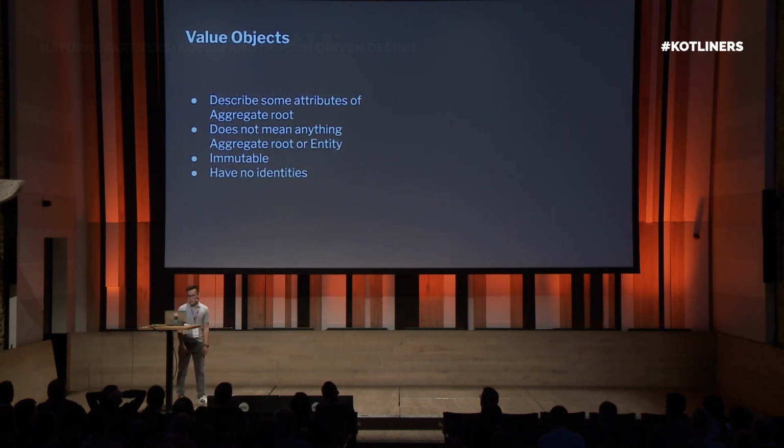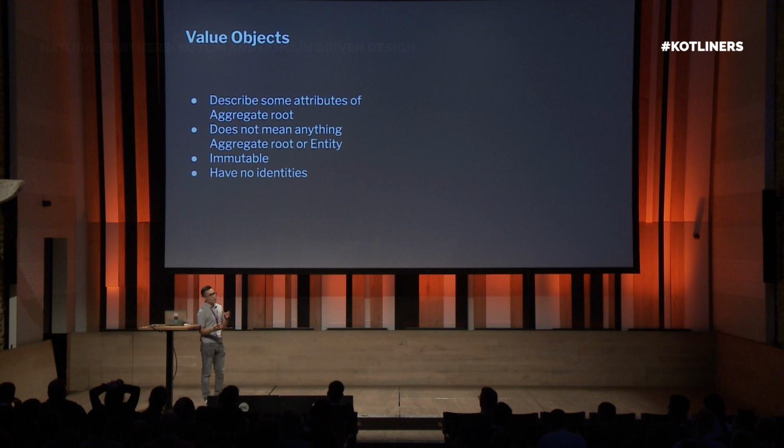And last but not least, the concept of DDD is value objects. Value objects describe the attributes of the aggregate root or the entity. They also don't mean anything outside of the aggregate root and entity. They have to be immutable. And the main difference between a value object and an entity is that a value object doesn't have any identifier.